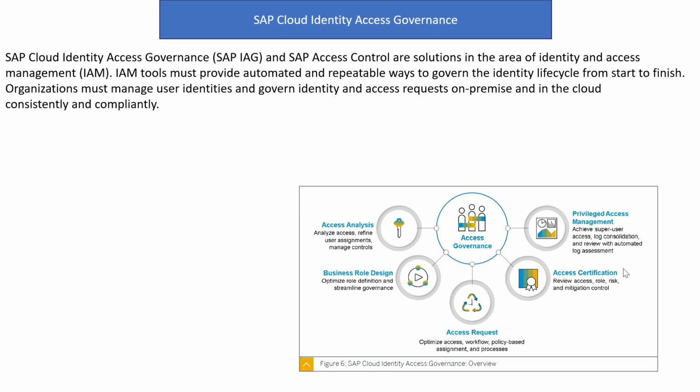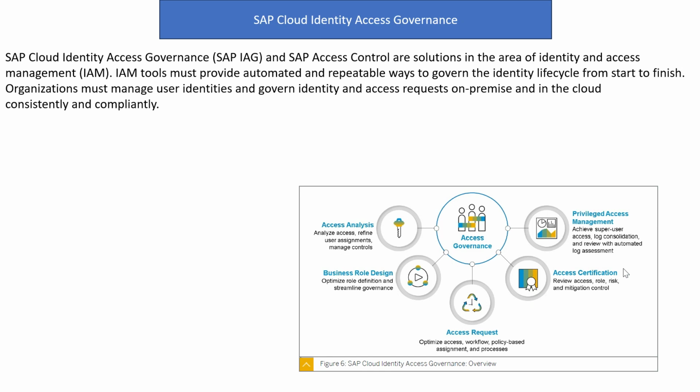So now we can compare these components or services with Access Control first, then we'll discuss these functionalities in more detail. When we compare it with Access Control, it becomes easy for you to understand what this IAG does. Understood? Because we all have worked on SAP GRC Access Control.